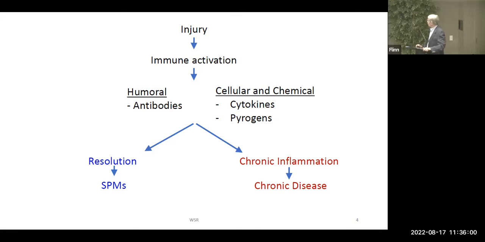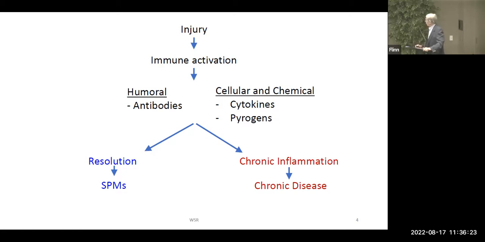Two of these chemicals are recently in the news. One is the pyrogens, which are the chemicals that cause fever and help us fight infection. The other is cytokines, and the cytokines are important because of their role in some of the devastating effects of COVID, and we'll talk about that in a second.